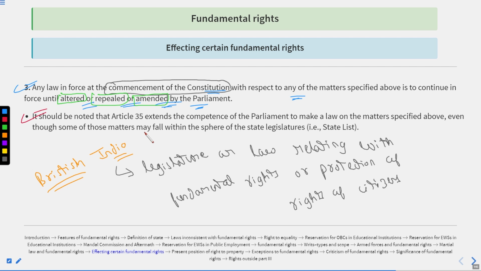It should be noted that Article 35 extends the competence of Parliament to make a law on the matters specified above, even though some of those matters may fall within the sphere of the state legislature in the state list.